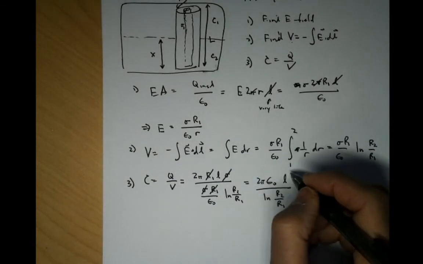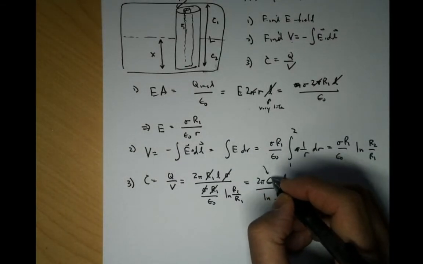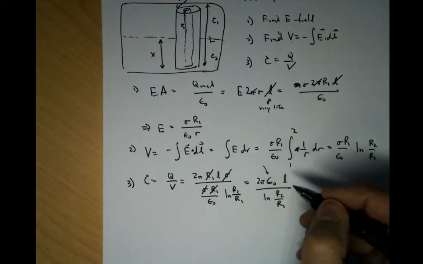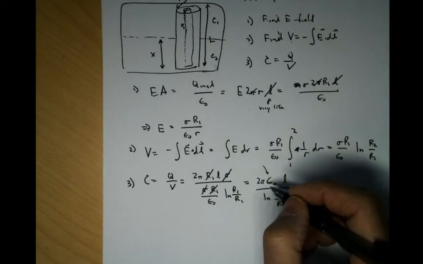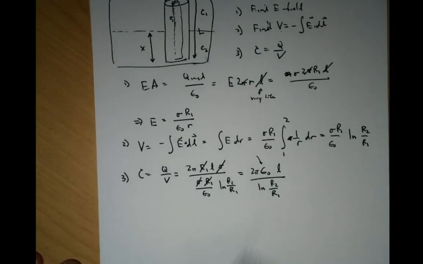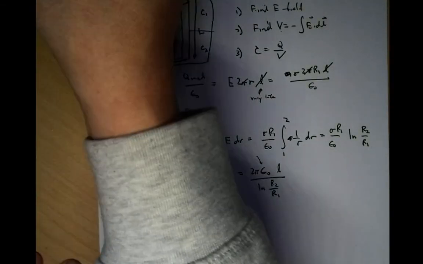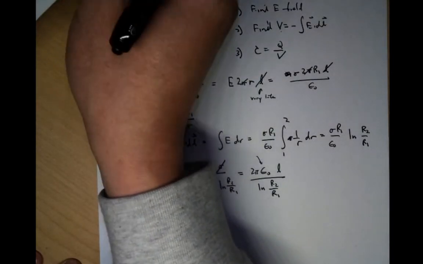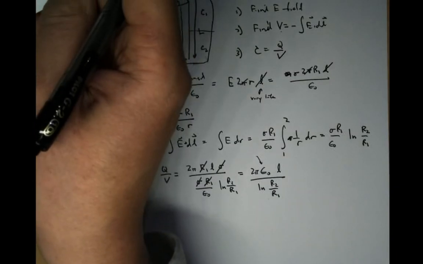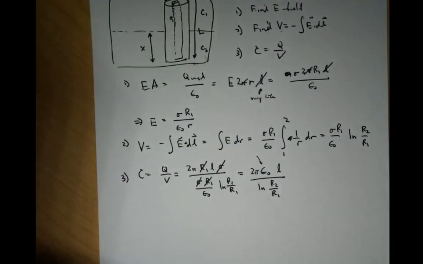And this depends on two things. It depends on epsilon 0 and L. And as I mentioned before, to get it for a dielectric, you literally replace epsilon 0 with epsilon, which is kappa times epsilon 0. Make sure I get it right. Okay, perfect.